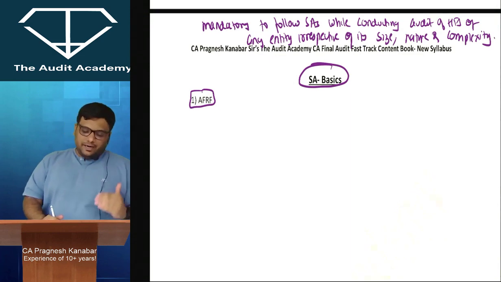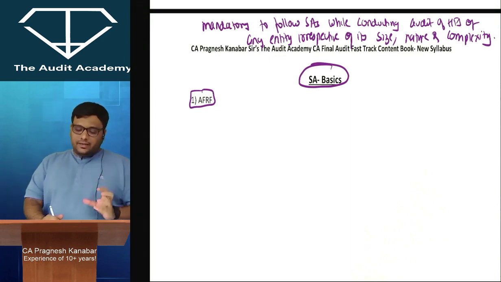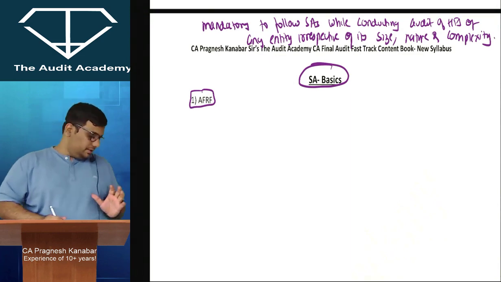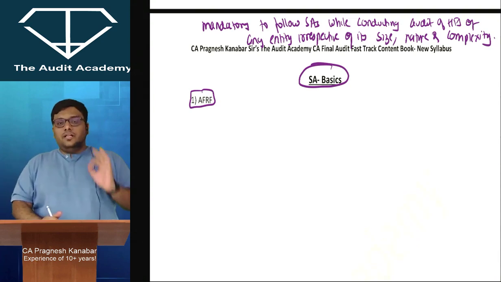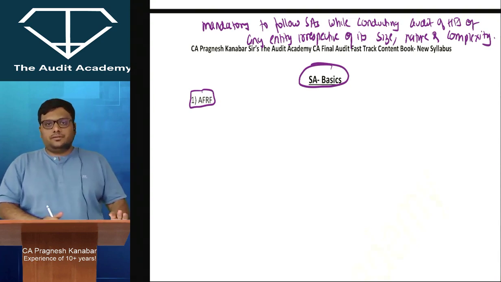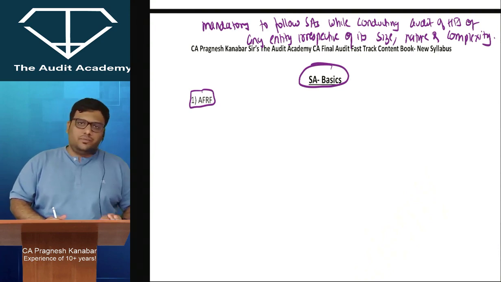I repeat, it is mandatory to follow SAs while conducting audit of historical financial statements of any entity irrespective of its size, nature and complexity. It is given in the very first page, preface to the auditing pronouncements.